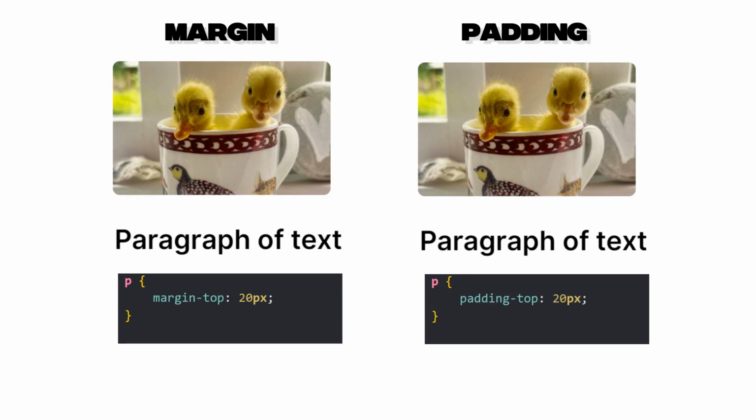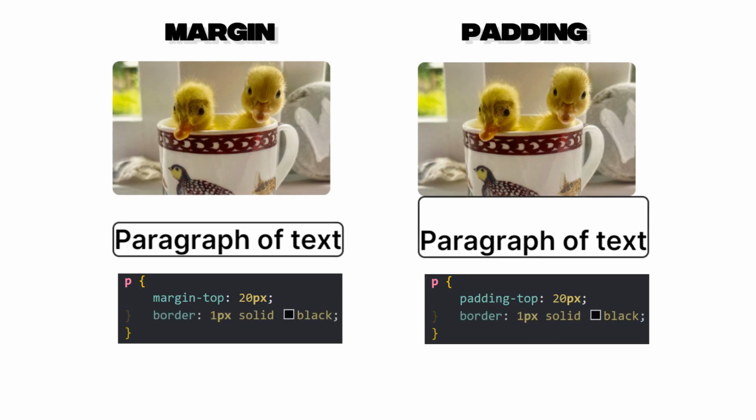However, there is a big difference, which only becomes visible when you add a border. Because now you can see that with margin, you're adding space above your border. So the extra space is outside your element. However, with padding, you're adding space between your border and your content. So with padding, the extra space is inside your element. So my tip is to always add a border to your element first.